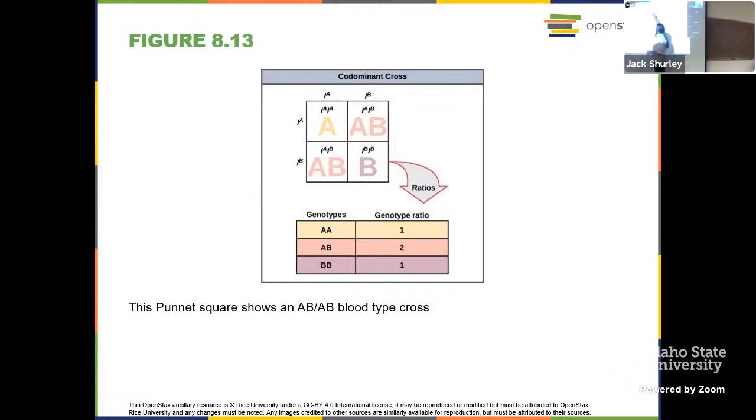So one person AB on the top, the other person AB on the side. And as we do this cross, we've got one of them that has 2 A alleles. They are type A. We've got another person with 2 B alleles. They are type B, right? And this person right here with one of each, this is the codominance, and they are type AB. Both of those alleles are equally expressed, right?